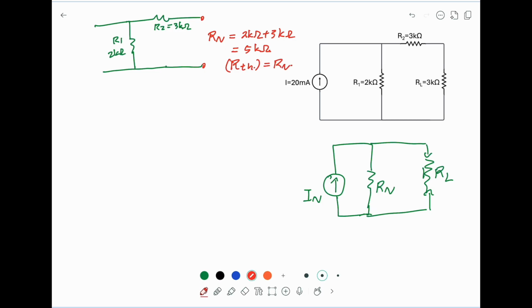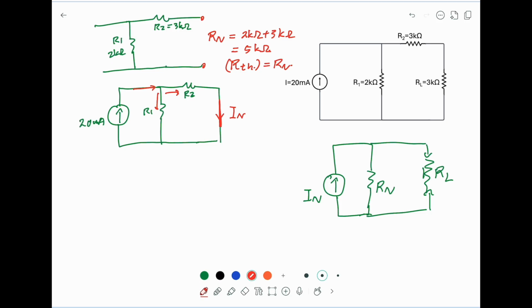Next, we are going to find the Norton equivalent current source. First, we are going to replace the load resistor RL, but this time, instead of leaving it open, we'll connect RL by short circuit. So the RL now is replaced by short circuit, and our aim is to find the current passing through this part, and this is our Norton equivalent current.